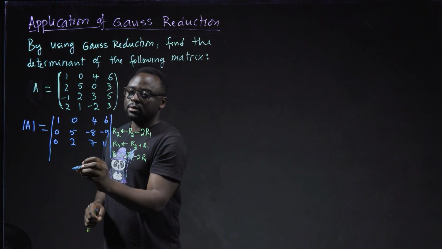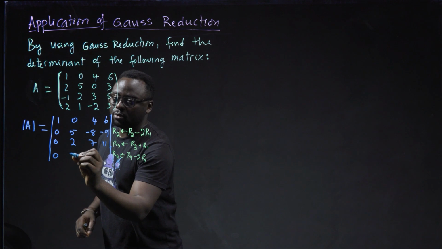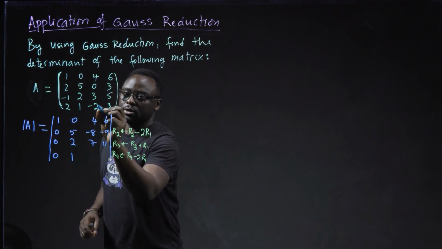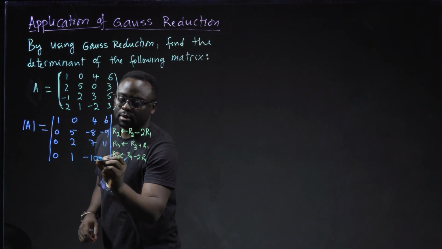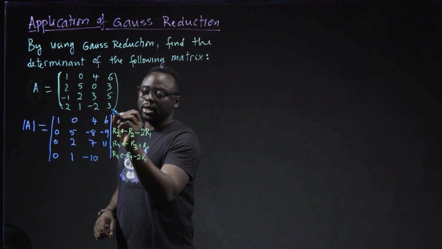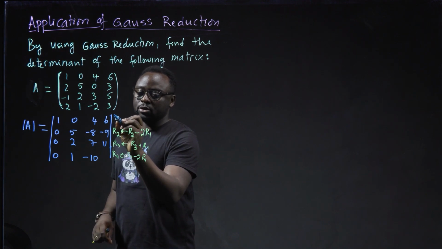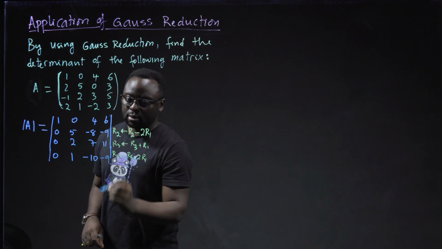So this is 0. This is 1. This will be minus 2 times 4, so this is minus 10. And the last one is minus 2 times 6, which is minus 12, plus 3, this is minus 9.